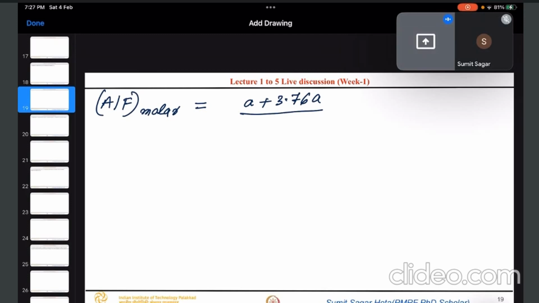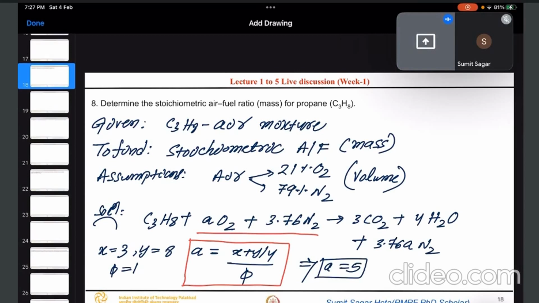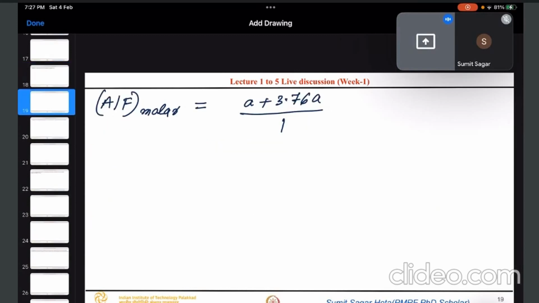Fuel is 1 mole. Now you have to calculate the air-fuel ratio.